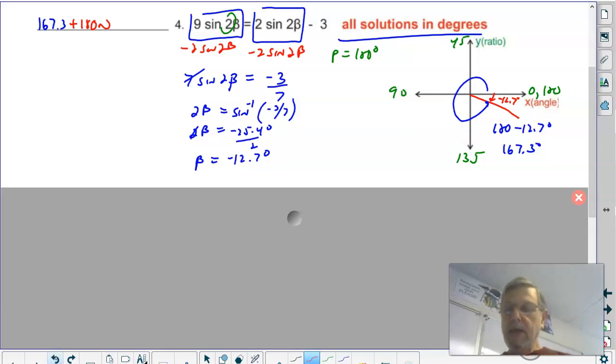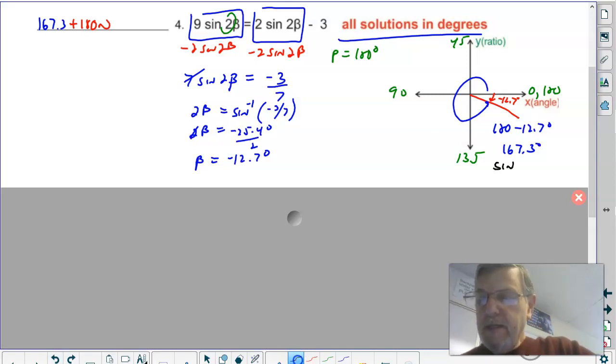All right, let's get the second value, right, in this first 0 to 180. So again, I need a reference triangle, right? So a -12.7, notice my sign is negative in quad 4 because the opposite is negative. Where else is the opposite negative? In quad 3, right?